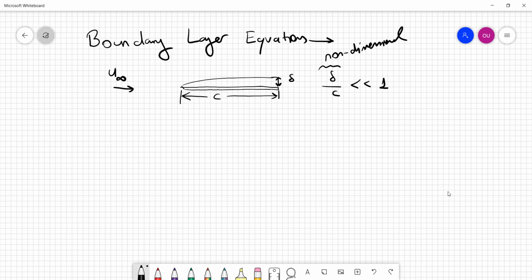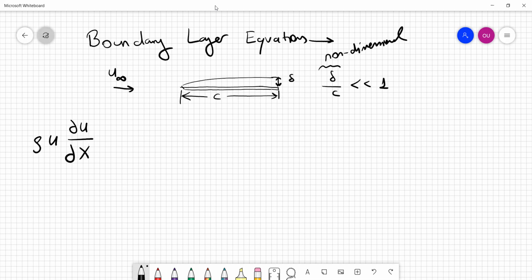For example, for the x momentum conservation equation, when we non-dimensionalize each and every single term, the first term in the dimensional equation looks like rho times u du dx, right?